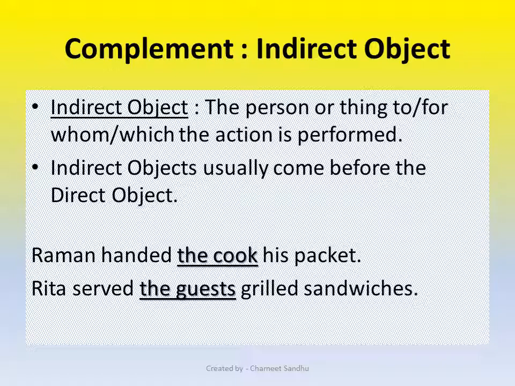And what is the indirect object here then? The guests. Looking at the last example, Donna sold me her books. Subject Donna, verb is sold, her books is the direct object.